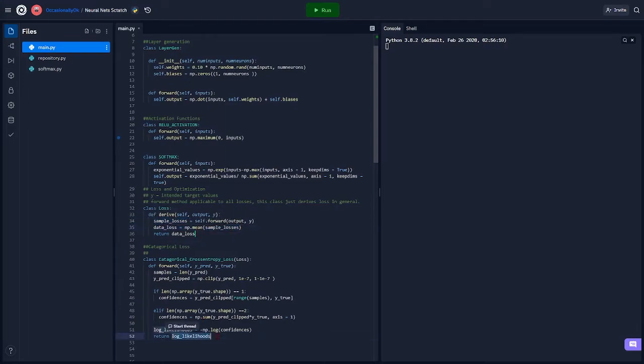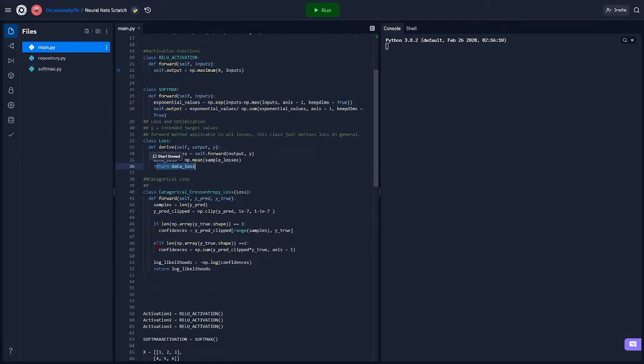So it'll take the mean of this array with all the log values of the confidences in them, and then return it as data loss, because that is our mean loss of the entire batch of inputs that we sent. So we're taking this array and taking the mean of it to get one value out. We're going from multiple loss values for multiple batches of inputs to just one average loss for the entire set of batches of inputs.